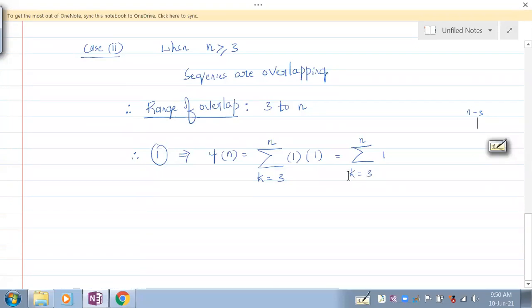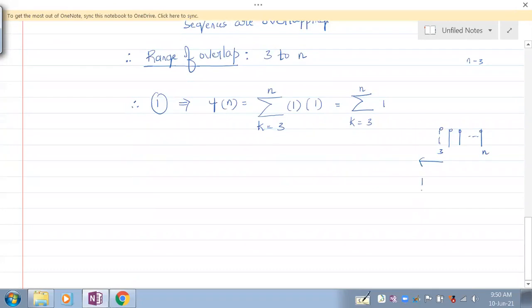Let's say this is your 3, then this is your n. Now I'll drag this to 0, and the same signal will start at 0. Where this has come now, if the same signal is dragged to 0, this is n minus 3. Understand that? So in other words, we can do this here.